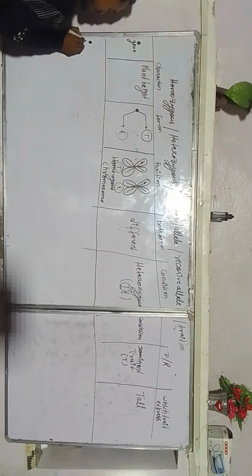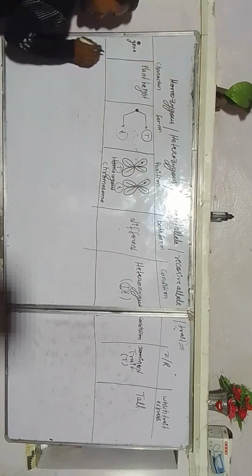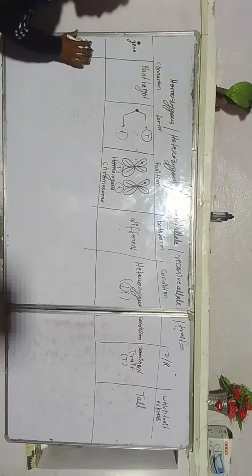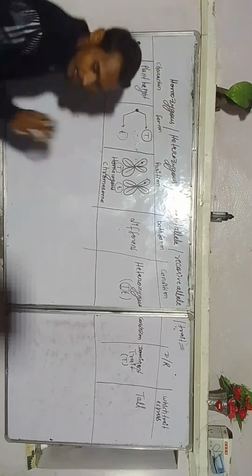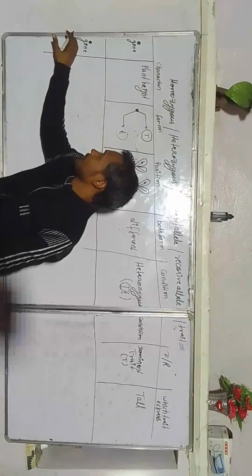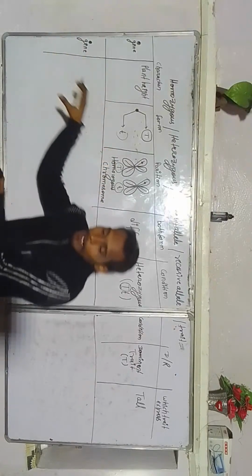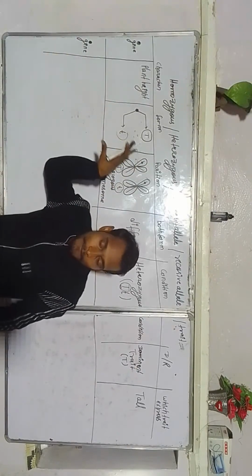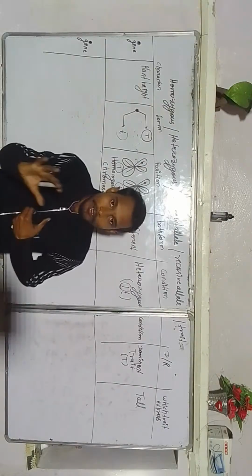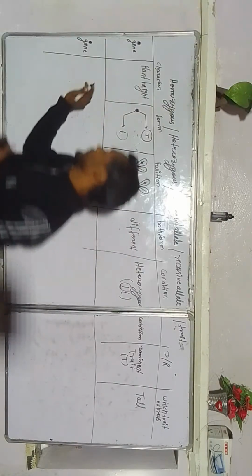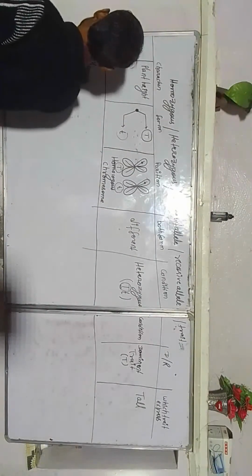We have one gene, and this gene controls a particular character in a plant, just plant height. Same example.